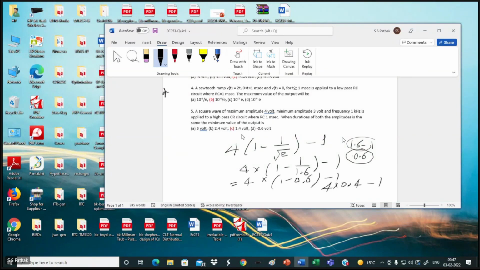Sir, but there is a huge difference between 0.6 and 1.4. So which is coming closest out of the 4? 1.4 will be the closest considering the difference: it is 0.8, and with minus 0.6 it becomes 1.2 here, and here it becomes 0.8. So that is the answer.